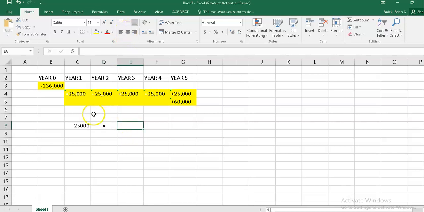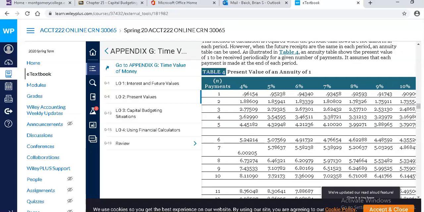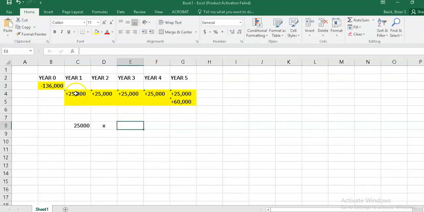Keep in mind that this 25,000 is the same money every year. The same thing every year is called an annuity. So we want to use present value of annuity. You use this table to convert money that is an annuity. What's an annuity? When you get the same money every year.